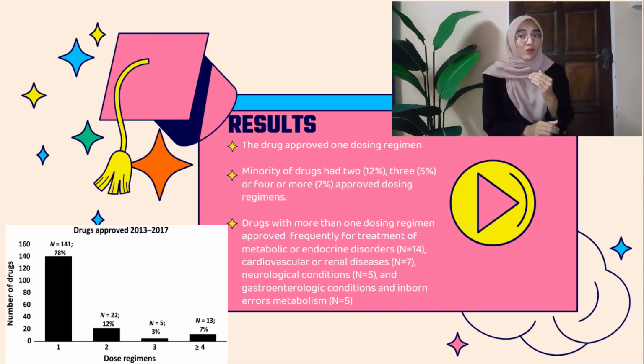Drugs with more than one dosing regimen approved were most frequently indicated for treatment of metabolic or endocrine disorders (n=14), cardiovascular or renal disease (n=7), neurological conditions (n=5), and gastroenterologic conditions and inborn errors of metabolism (n=5).